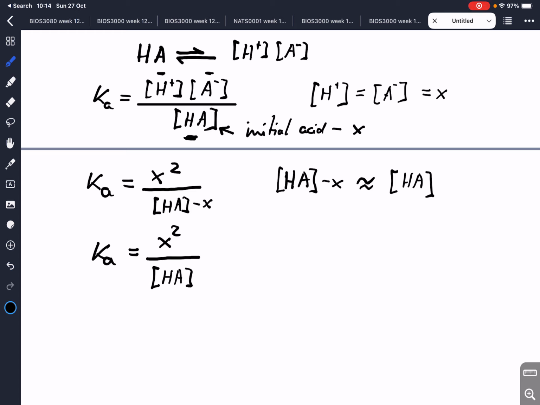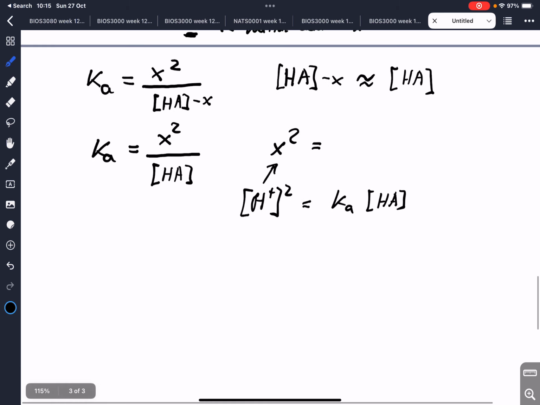Now we can rearrange this equation, and we must not forget this is the proton concentration squared equals Ka times the concentration of the acid.